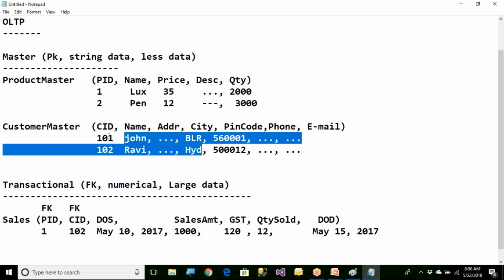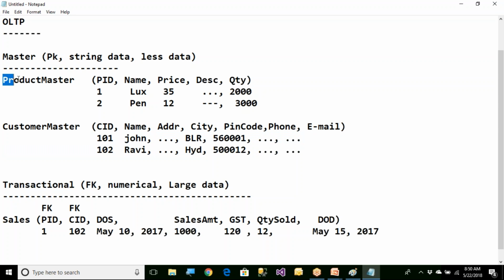So for the product master and customer master tables, you will initially have a lot of inserts, but later the data will not keep being inserted. A large amount of data will not be there because you have only that many customers. Every day you may have 1%, 2%, 3%, 5% changes, but not more than that. So master tables will have fewer data insertions once the data is inserted.